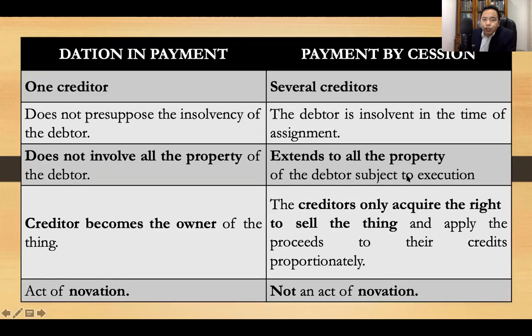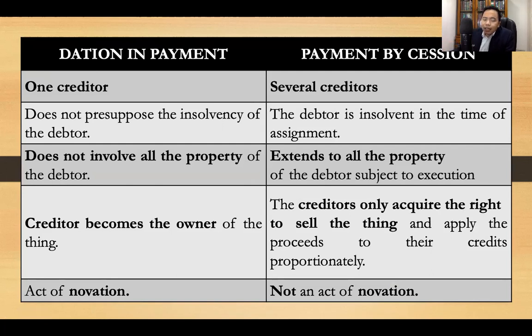Now, flashed in your screens are the distinctions between dacion en pago and payment by cession. Okay. Now, in dacion en pago, there is only one creditor. One debtor, one creditor, just like in application of payments.